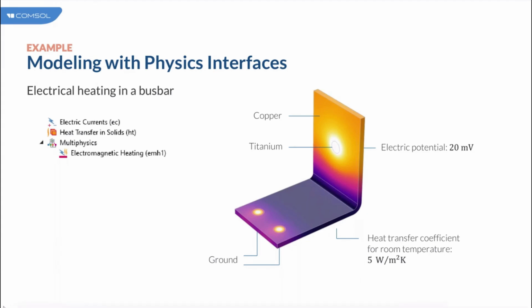That gets you the interfaces for electric currents and heat transfer, as well as an automatic coupling between the two, called electromagnetic heating. Next, you pick materials from a list, assigning copper to the bus bar and titanium to some connecting screws. You then specify the electric currents part of the problem by applying an electric potential condition with, for instance, 20 millivolts on one of the boundaries of your geometry and ground on the other two.